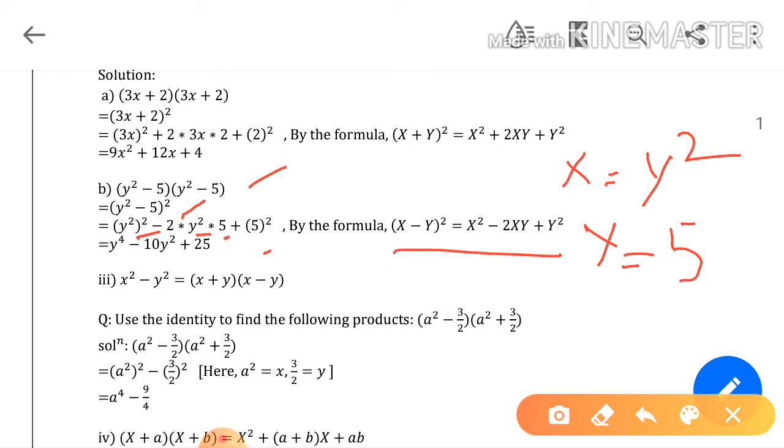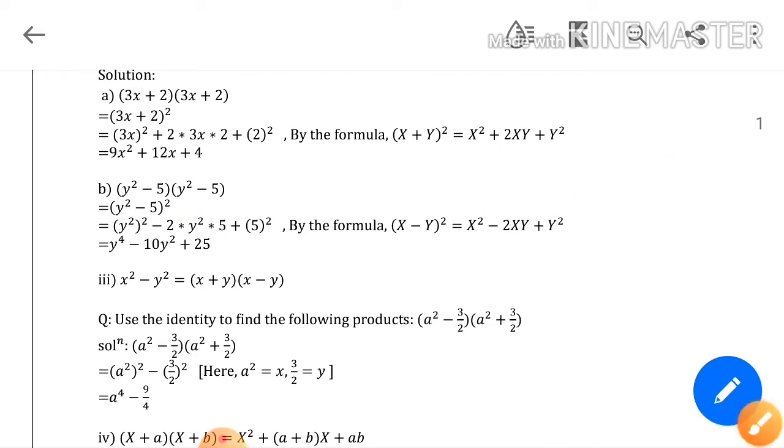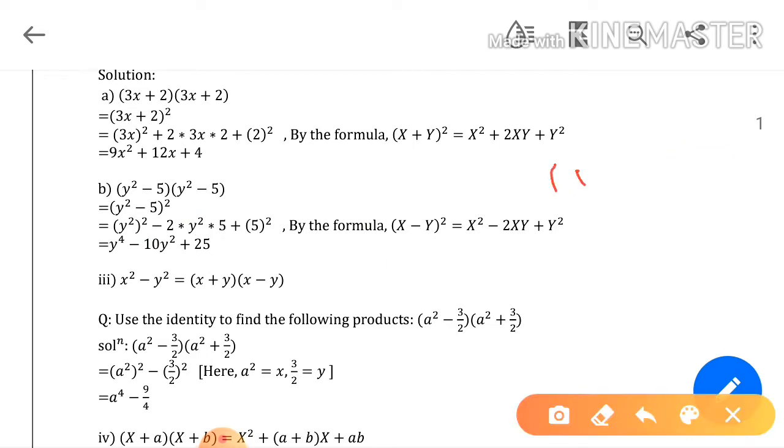According to this formula, (y square) whole square equals y to the power 4. Then 2 into 5 equals 10, and with y square, that is 10y square. Then 5 whole square equals 25. That's why the answer is y to the power 4 minus 10y square plus 25.